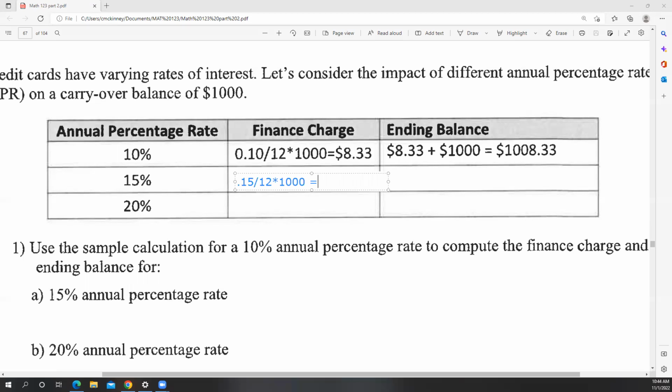In this case, I got $1,250. Then the ending balance, we're assuming no other purchases, just the carryover balance and the interest. So then of course we would be adding $1,250 plus the $1,000.